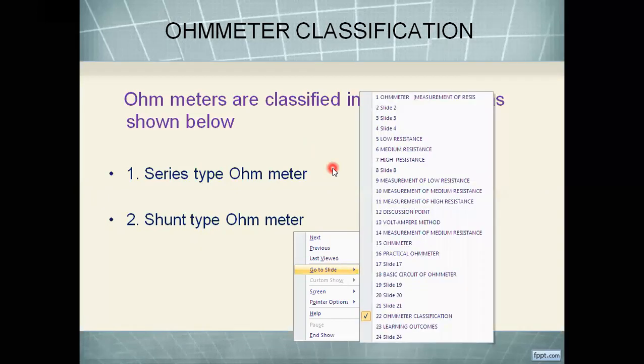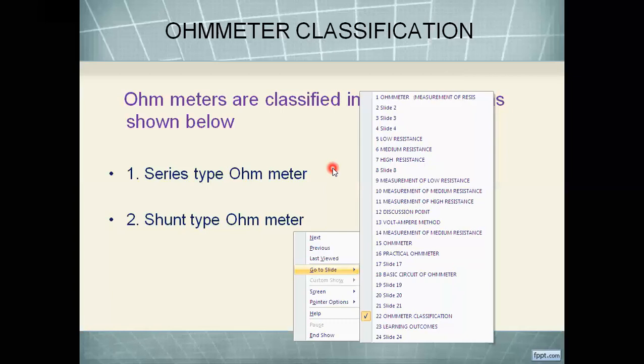So far, what we have seen in this video lecture: we have revised what is a resistance, and we have seen different classifications of resistor elements. And from the measurement point of view, we have seen the different types of resistances and how we categorize them: low, 0 to 1 ohm, medium, 1 ohm to 100 kilo ohms, and high, more than 100 kilo ohms.